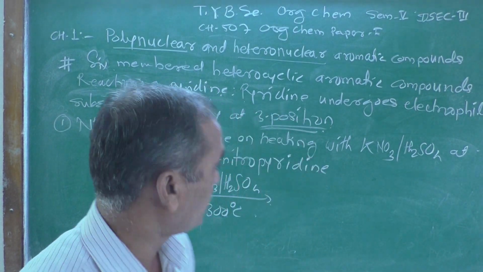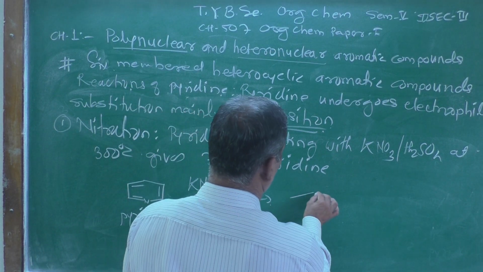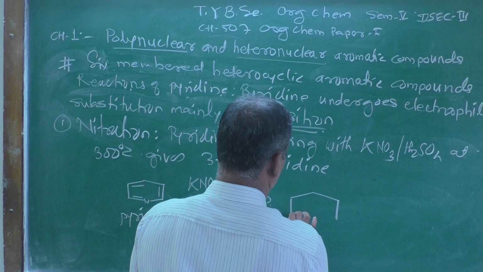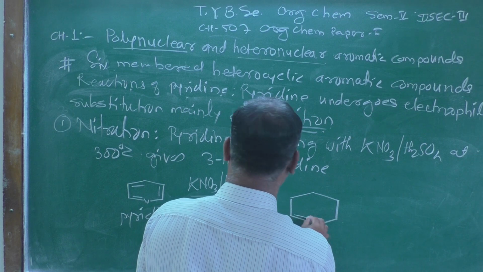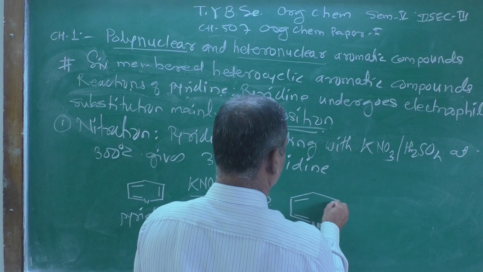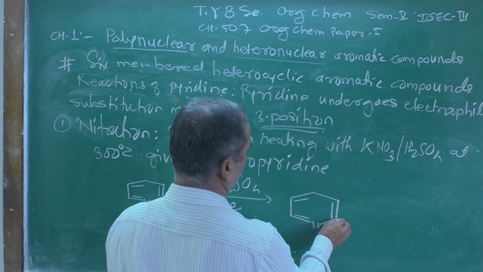Let's see how one can get the product. This is pyridine, and as we know, numbering starts from 1, 2, 3.